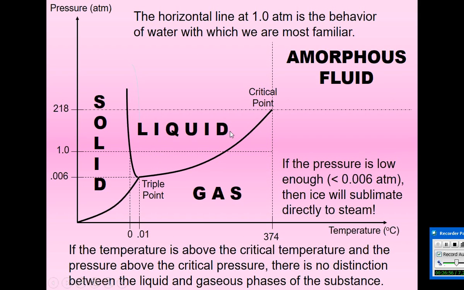There are also some other rather surprising things. Where these boundaries meet, the boundary between solid and liquid, the boundary between liquid and gas, and the boundary between solid and gas, this is called the triple point. And if you can get water at exactly this triple point, where the temperature is 0.01 degrees Celsius and the pressure is 0.006 atmospheres, then the water kind of exists in all 3 phases at the same time.